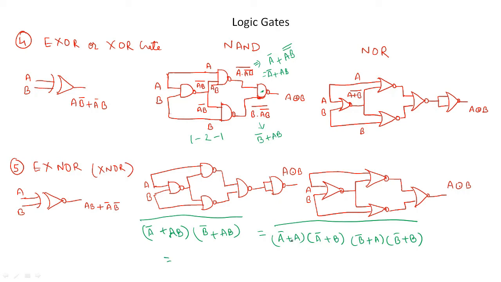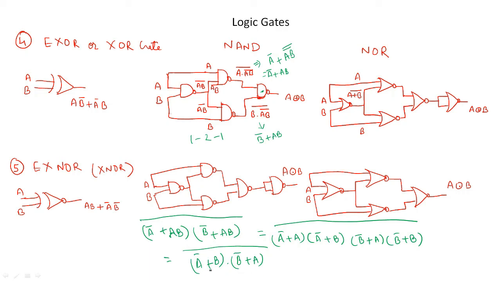So A bar plus A, you know that it is equal to 1. So it will be here (A bar plus B) into (B bar plus A) whole bar, because B bar plus B is again 1.